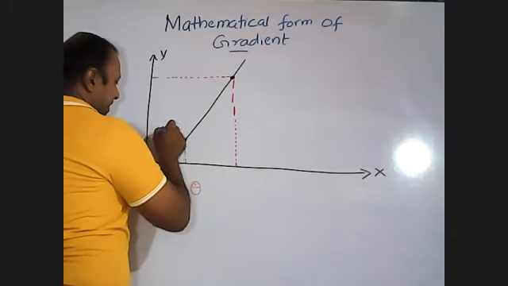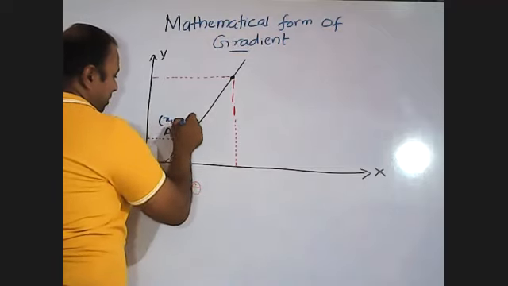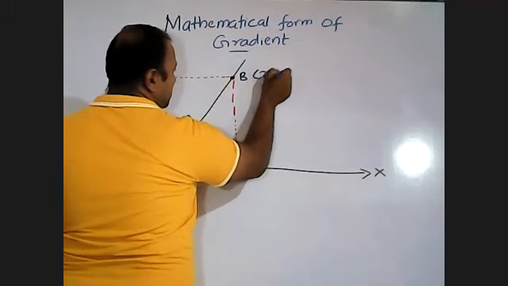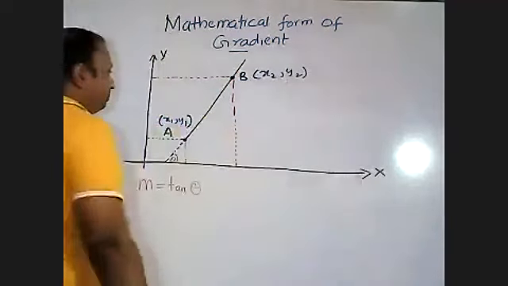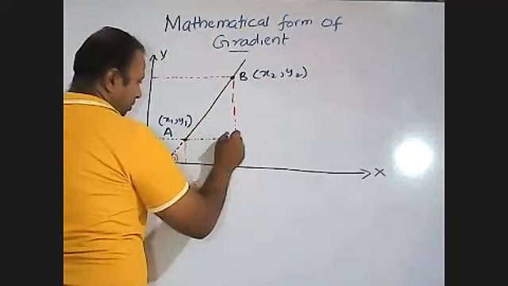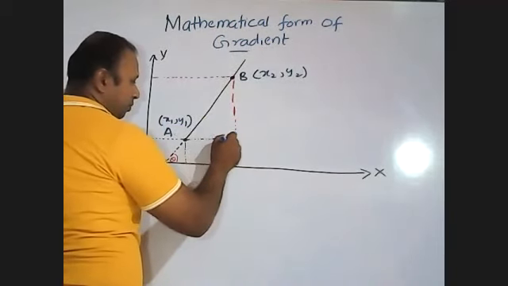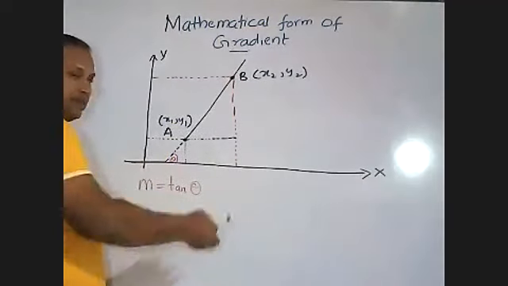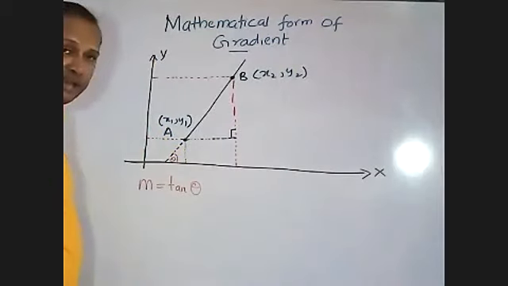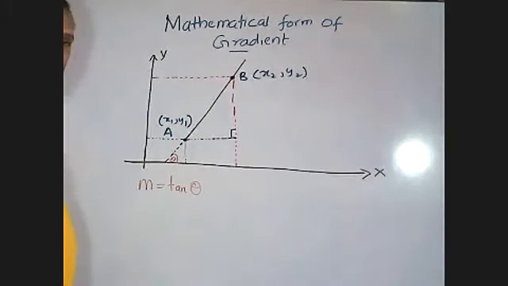Suppose this point is A and the Cartesian coordinate of A is x1, y1. This point is B, Cartesian coordinate x2, y2. If I extend this line up to this vertical line, definitely this should be a 90-degree angle, because this is a vertical line and this is a horizontal line.